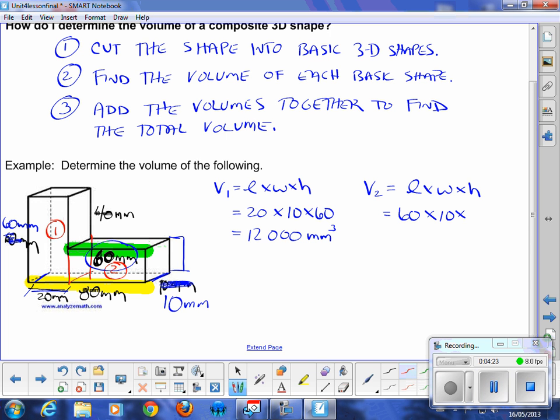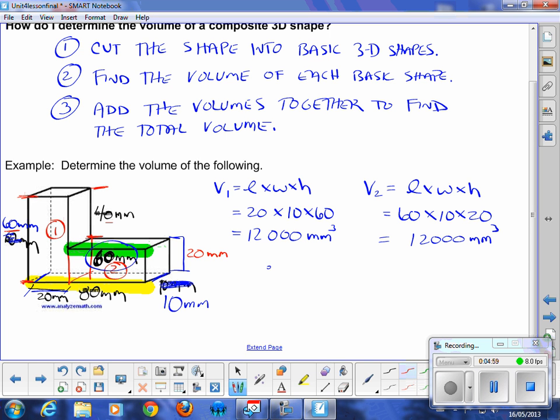I don't know that height. I know the height of the tall prism over here was 60. I know the height from here to here is 40. So that means that the small piece underneath the 40 will have to be 20 millimeters. It takes a little bit of work to figure out. But there we are. So multiplying them together, 60 times 10 times 20 is another 12,000 millimeters cubed, I should say.